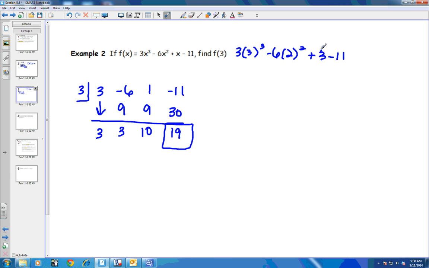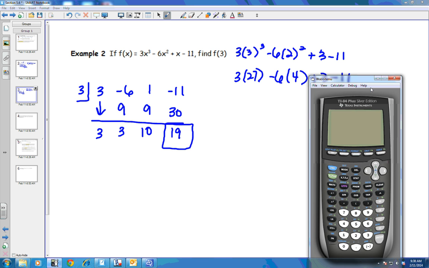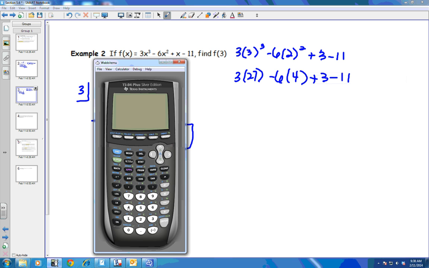And I could check that by saying 3 cubed, that's 27, minus 6 times 4, plus 3 minus 11. When I plug that into the calculator, just to show you that we still get the same answer, I have 3 times 27 minus 6 times 4, which is 24, plus 3 minus 11.